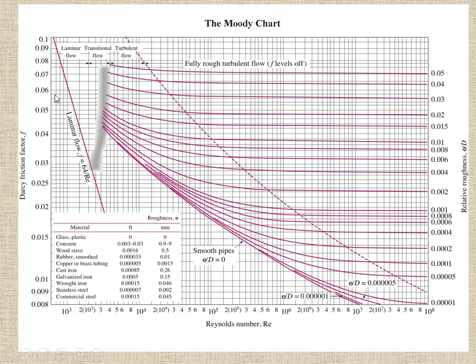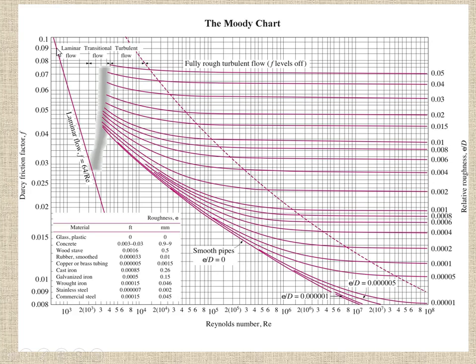The region starting from 4000 is the turbulent flow region, and in between is the transition region.